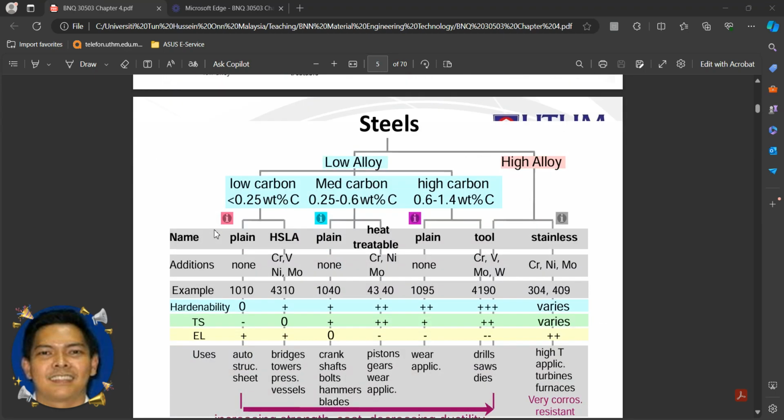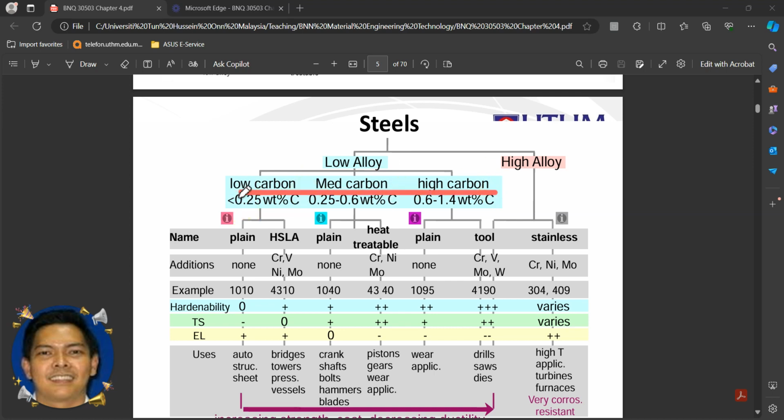Still here, you can see how the steel is being subdivided into the categories of low alloy and also high alloy. Based on the previous slide, the steel is categorized into low alloy and high alloy based on the carbon content. Low alloy is further categorized into low carbon, medium carbon, or high carbon based on the composition of carbon inside this type of material.